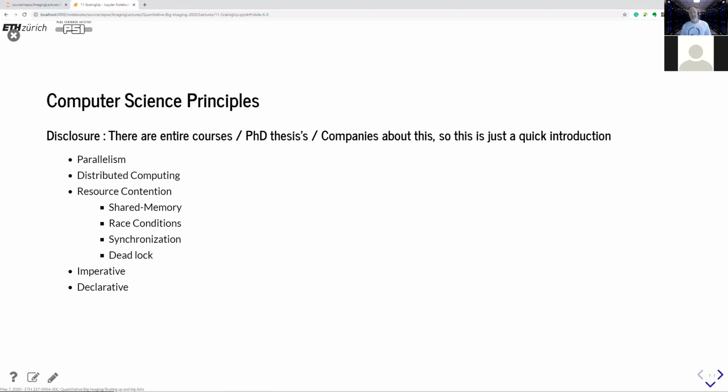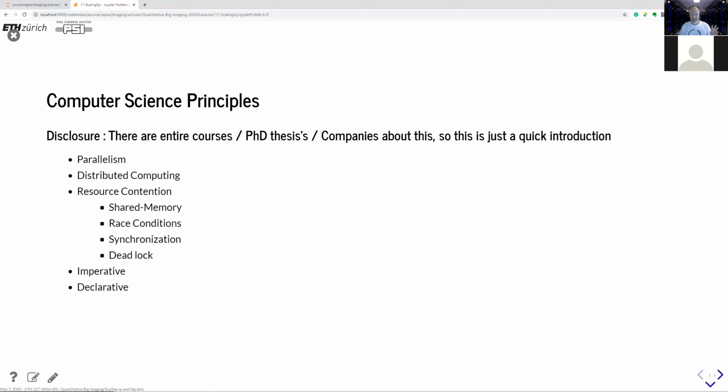Now we switch over to how to handle the whole thing. A little bit about computer science. There are whole educations about computer science, so I can't cover that in about a half-hour lecture part. But in principle, the topics relevant in this context are, first of all, that we need to work in parallel.